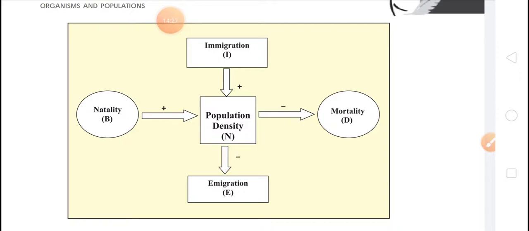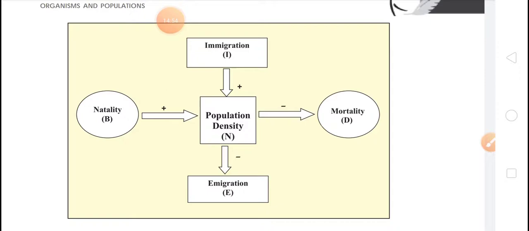So ultimately the number will increase, and we can say the density is increasing. So if we want to increase the population density, natality and immigration should be increased. And if the population density is decreased, that means more deaths are happening and more emigration is done.